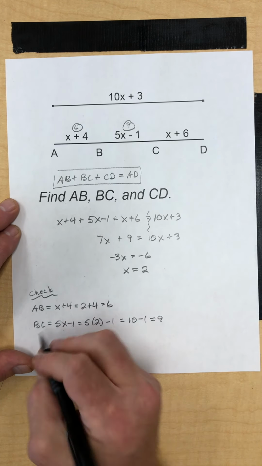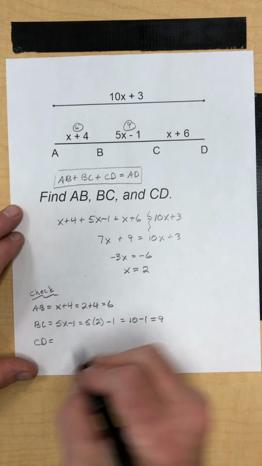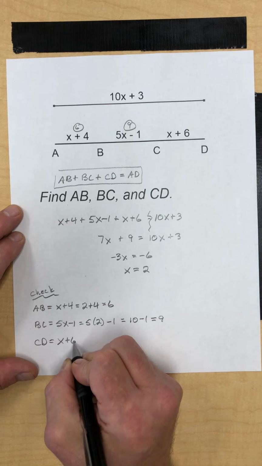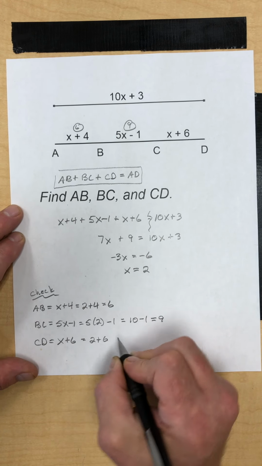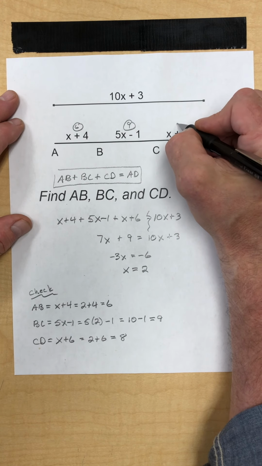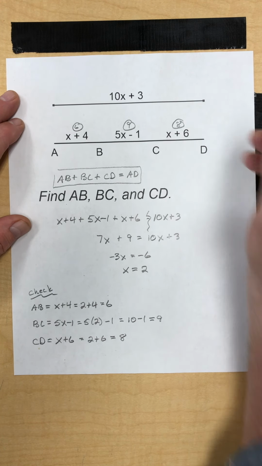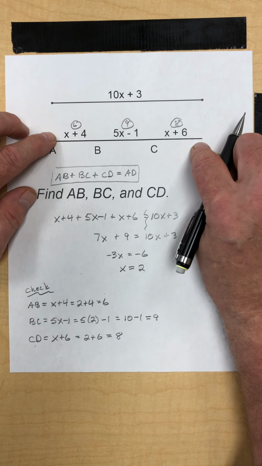And then I have to do my CD, which is x plus 6. So I substitute the 2 in, I get 2 plus 6, which obviously is 8. Okay, so this guy is 8. Now I've got to make sure that the 10x plus 3 works out with all these numbers.